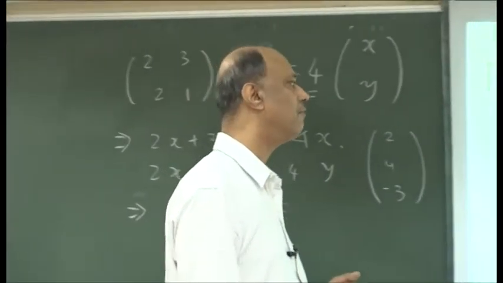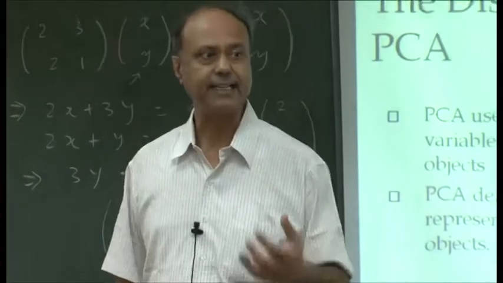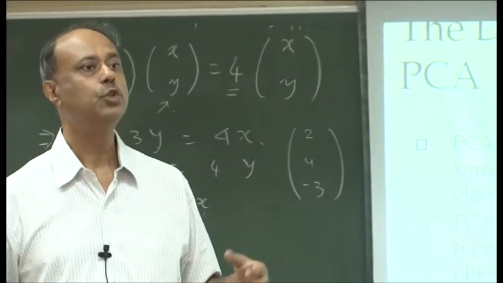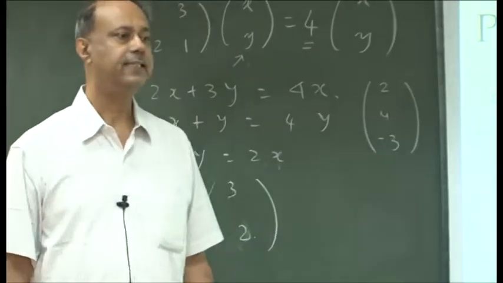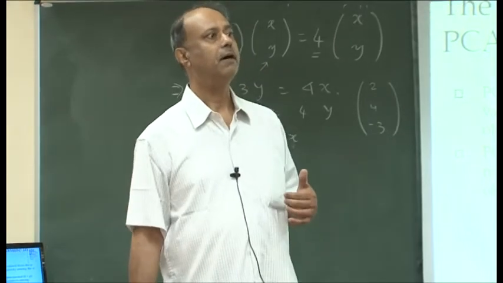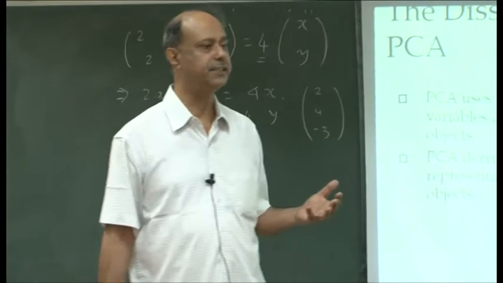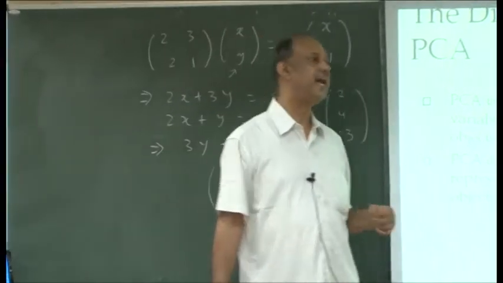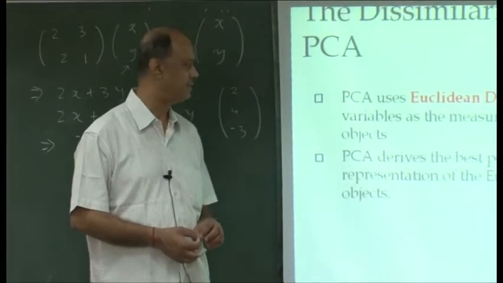Or some of the coverage, some of the information, the characteristics of the image, whatever you are considering within the k dimensions, should be as near as possible to the original image. That is the close representation. You may not get the exact representation, but as near as possible, keeping as many dimensions reduced as you can on your image.